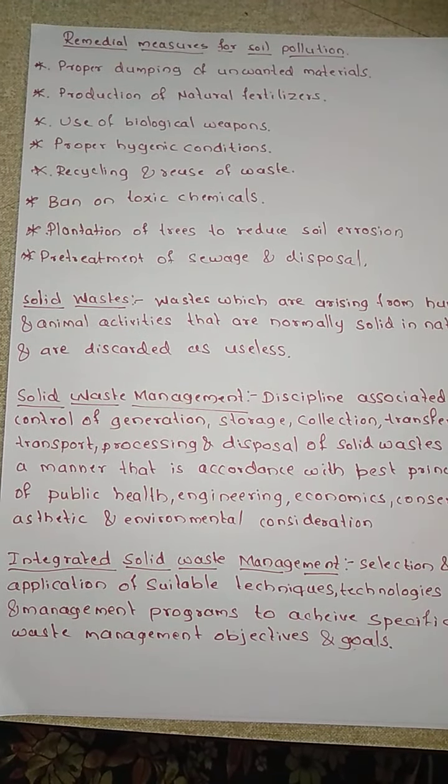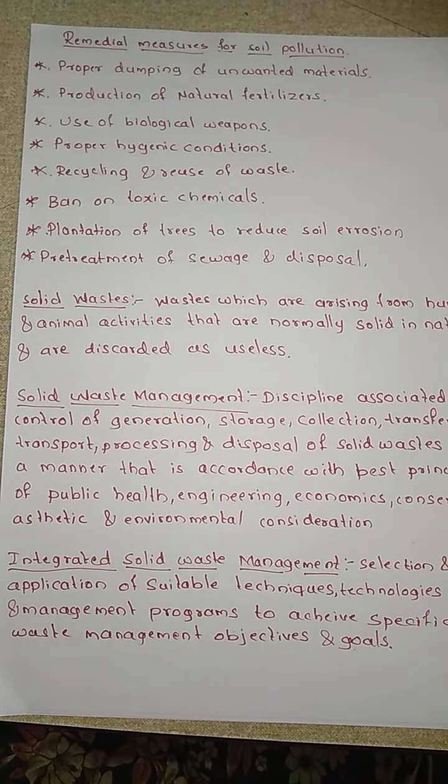So first thing we need to have is sanitary landfills. A sanitary landfill is nothing but an engineered, designed landfill that we need to have. Then hazardous waste should be dumped in secured sanitary landfills.